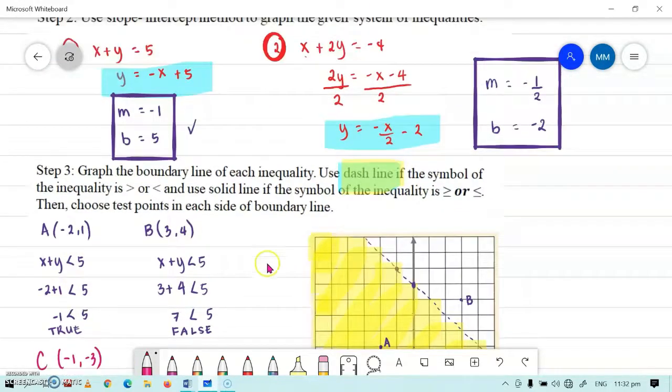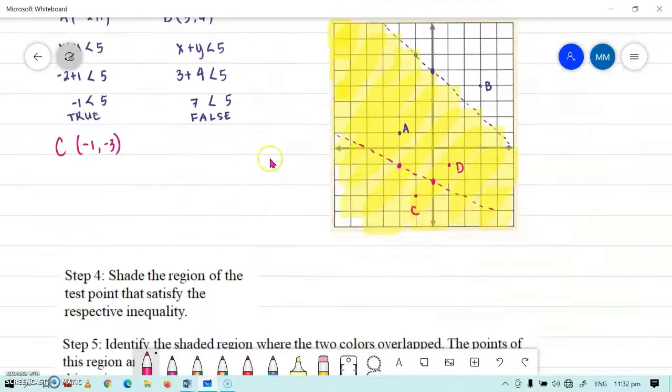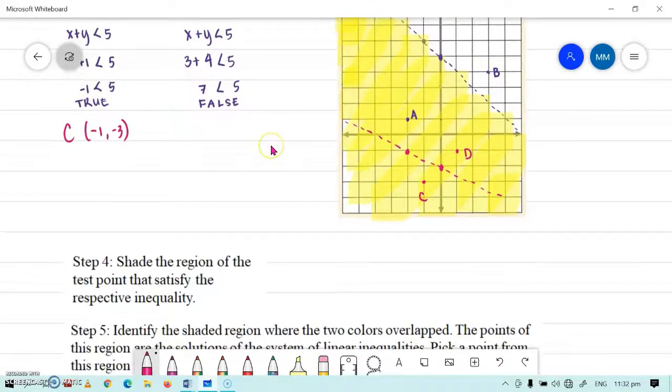So going back to our given, the second inequality is x plus 2y is less than -4. So x here is negative 1 plus 2 times negative 3 is less than negative 4. 2 times negative 3 is negative 6.